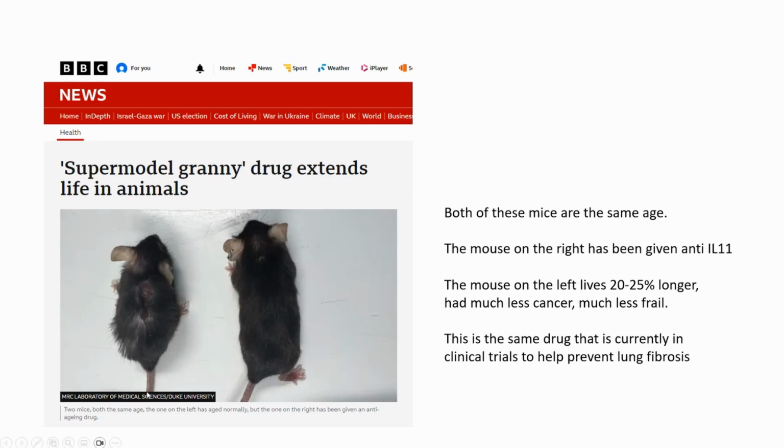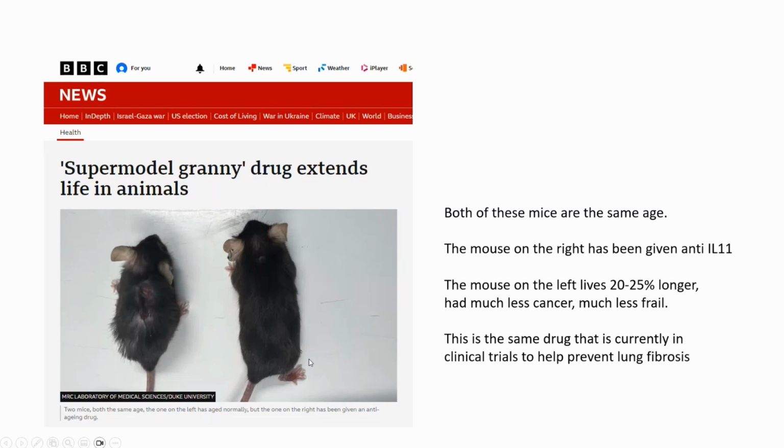And you can see not only does it inhibit fibrosis and scarring, it actually, which is the point of these headlines, holds back aging. So this is much bigger than just helping fibrosis in your lungs. It's helping fibrosis everywhere, and it's actually elongating life. These mice live 20 to 25% longer than normal mice who experience IL-11 without inhibiting it, which is extraordinary.